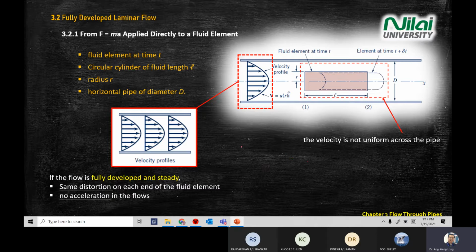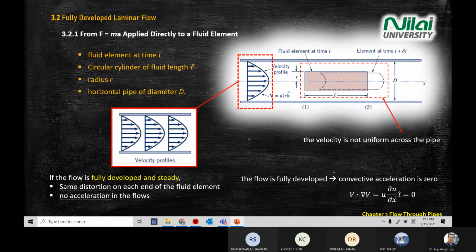So, velocity profile. This is a bit complex, where you will see it in the Navier-Stokes equation, but at this moment you just have a look at this equation at the bottom of the screen.